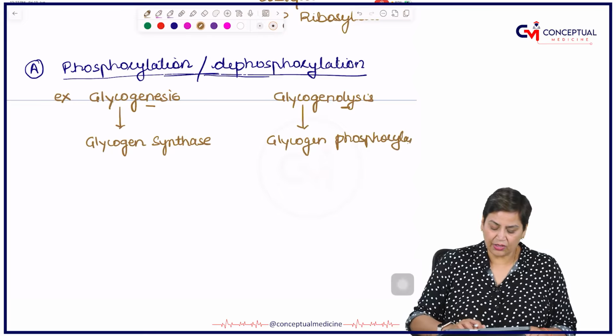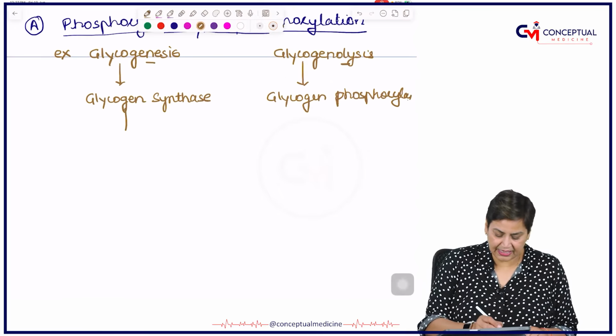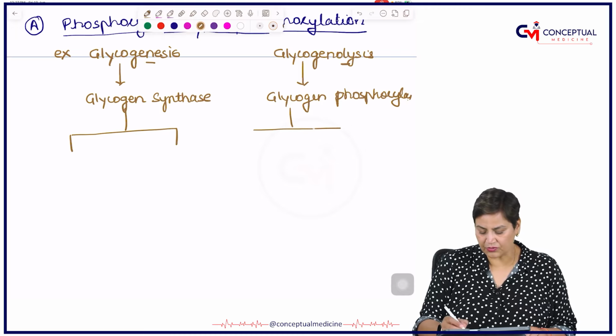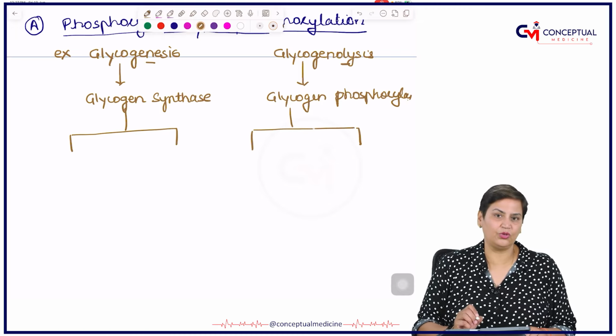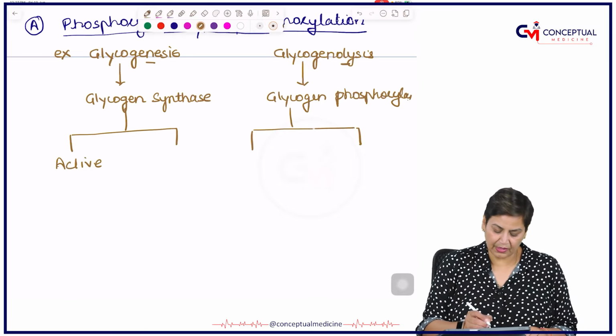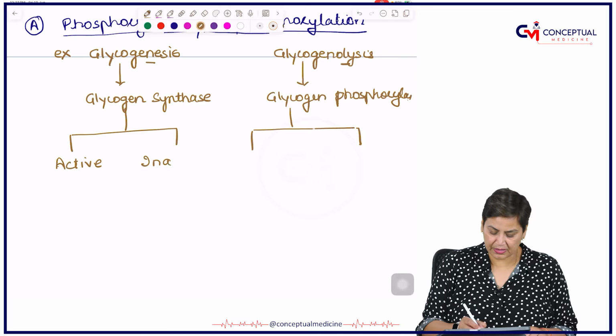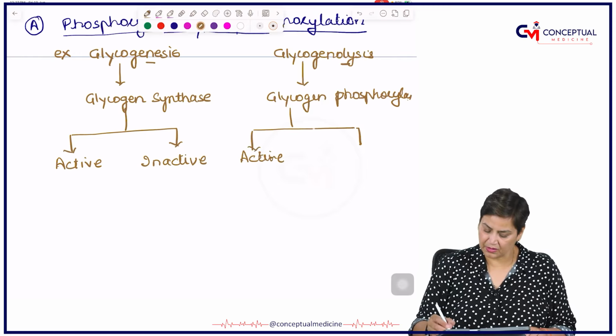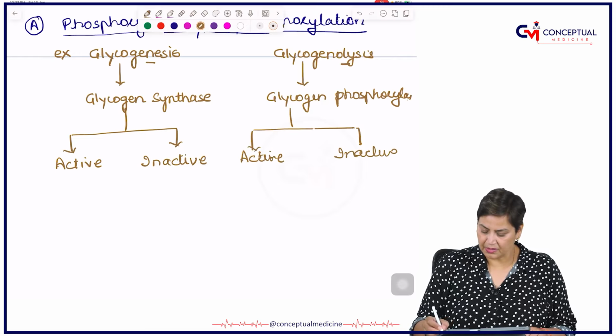Right. So this glycogen synthase is present in two forms. Similarly, this glycogen phosphorylase is also present in two forms. One is the active form, the other is the inactive form. Same active and inactive. Right.